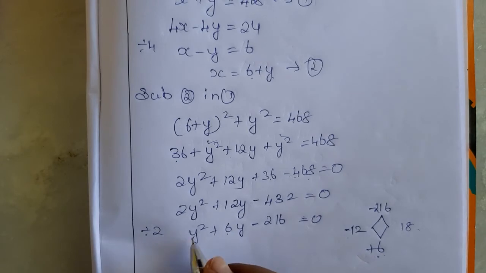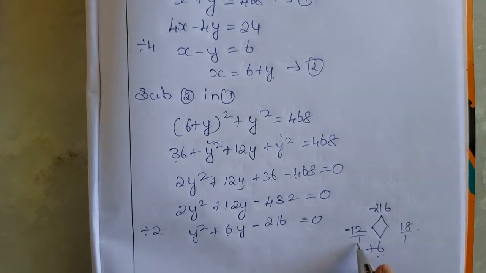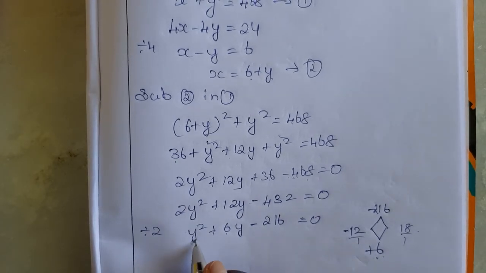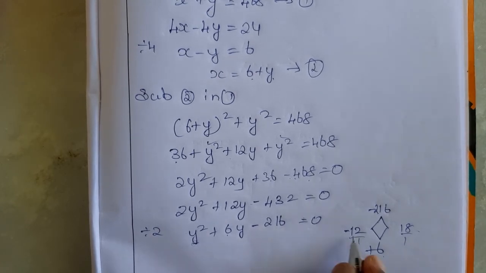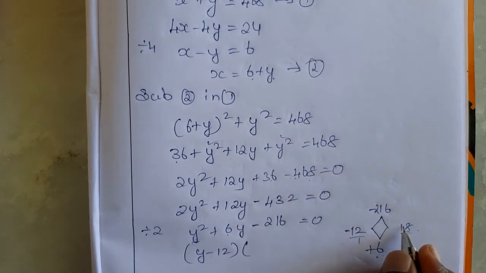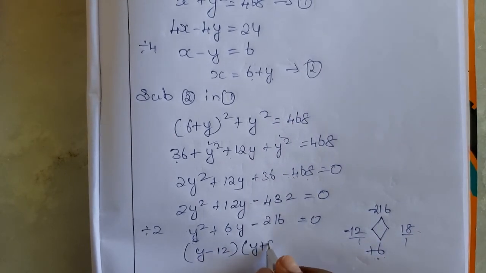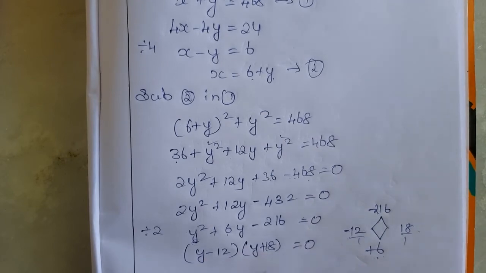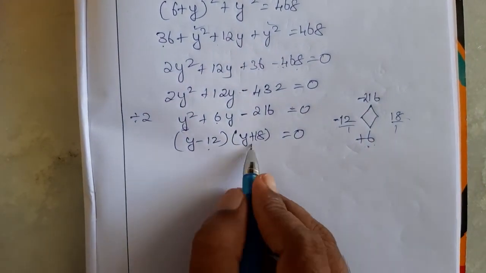So y minus 12 into y plus 18 is equal to 0.